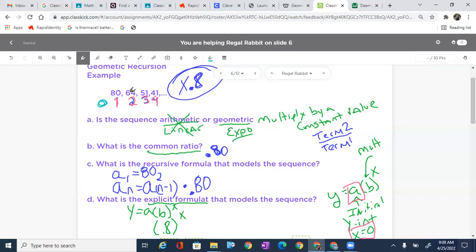Well, think about what we've done. In this direction, we have multiplied by 0.8 the entire time. How do we go back a step? If I want to go back a step, we have to do the inverse of multiplying. We have to divide by 0.8. So we're going to take 80 and divide it by 0.8 to get our 0th term.